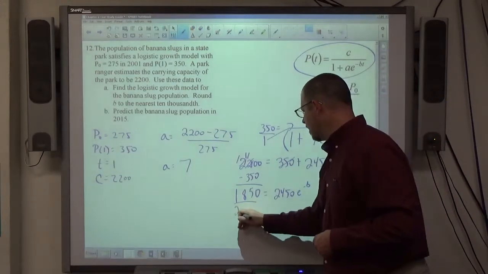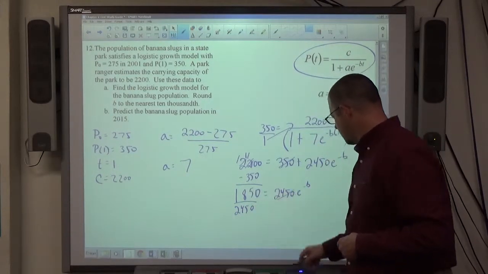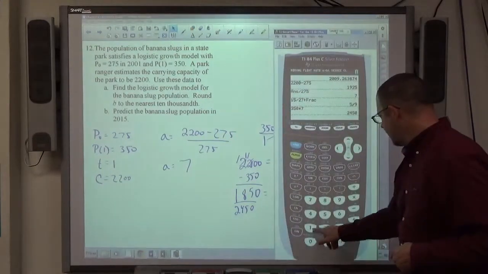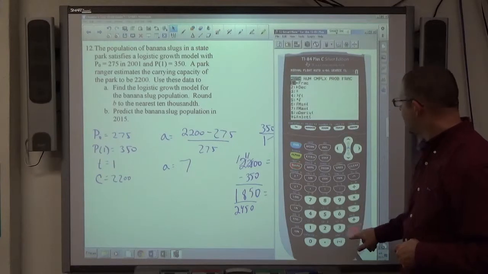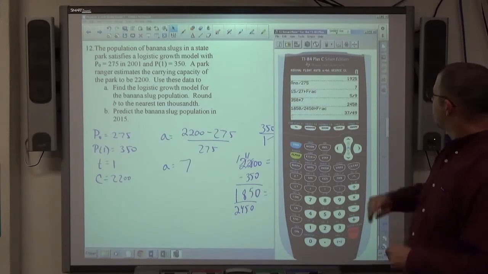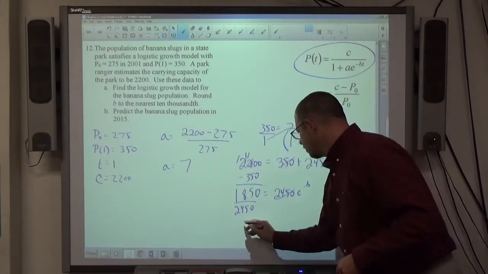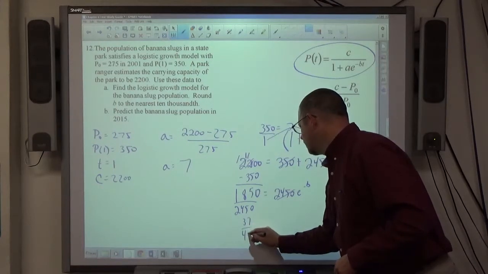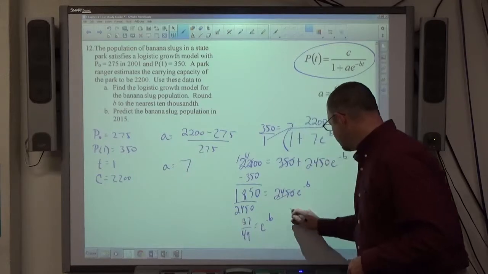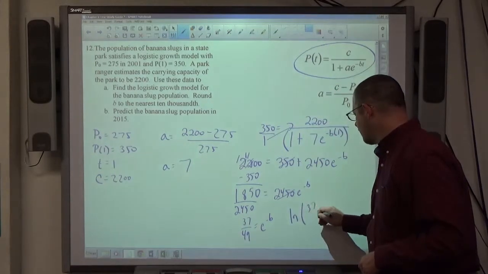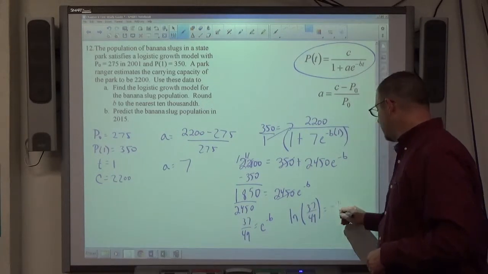Divide both sides by 2,450. If I do 1850 divided by 2450, math, frac, enter, 37/49. So 37/49 equals e to the negative b. So if I take the log of both sides, ln of 37/49 equals negative b.